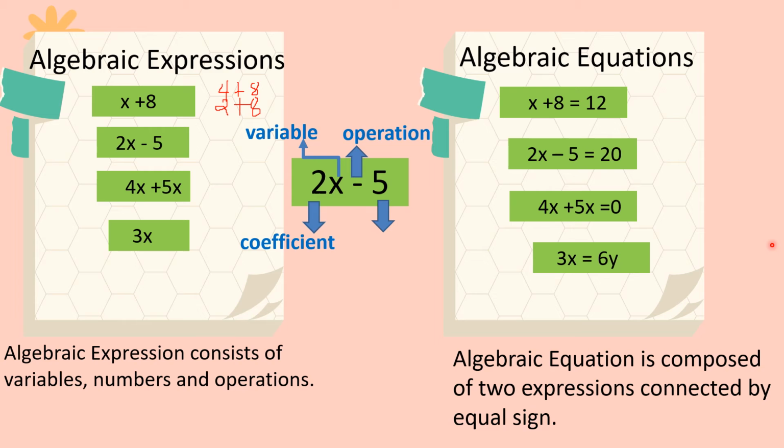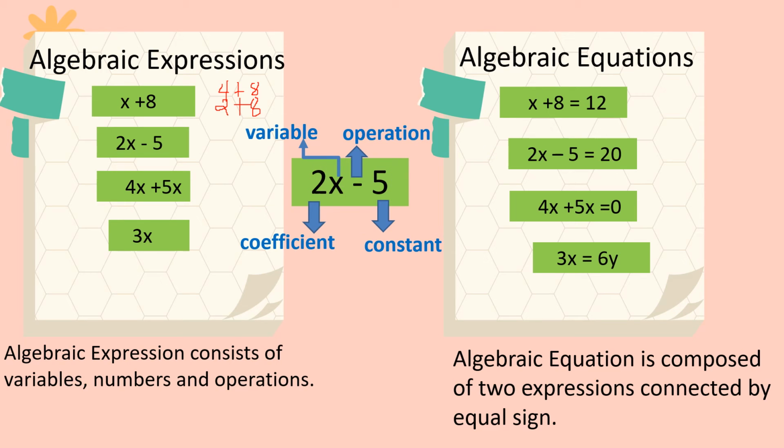And the number 5 is what we call the constant. Okay? Again, coefficient, variable, the operation, and constant. Take note that the operation here, minus, separates the algebraic expression into two. We have one algebraic expression here, we have another one here.